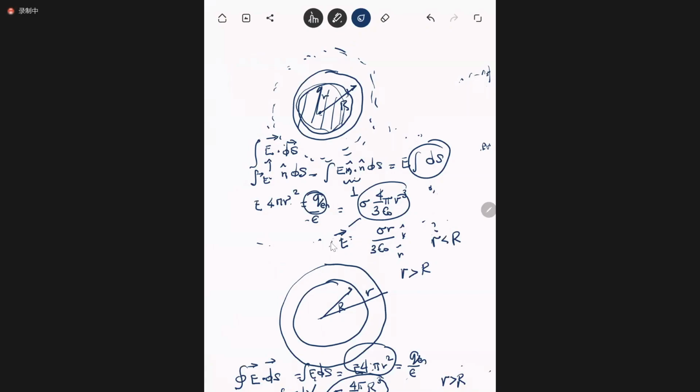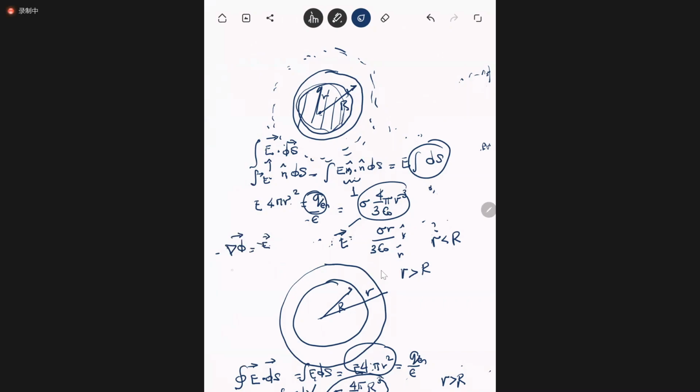Now, if I want to find what is the potential, what do I need to do? Remember, the relationship between the potential and the electric field intensity is that the negative of the gradient of the potential is going to be equal to E. And again, both of them are vector fields.